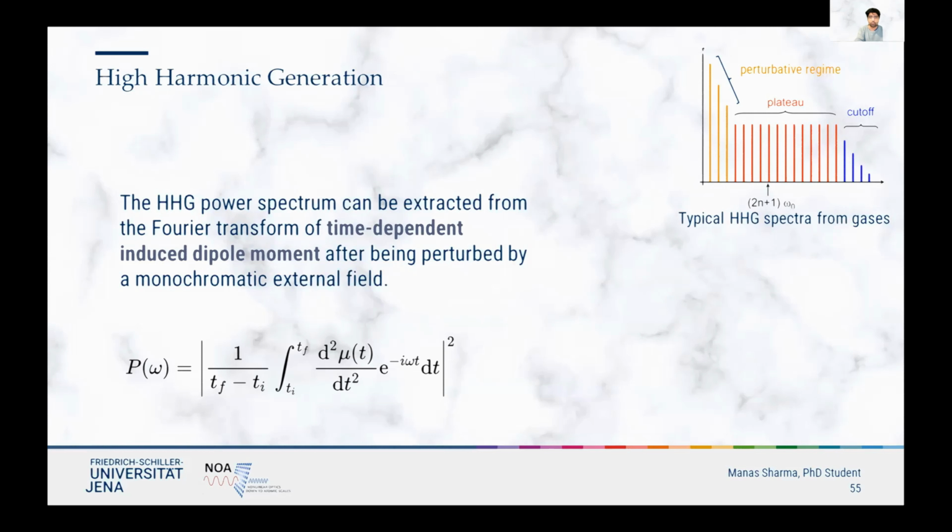Or for example, here I am taking the second derivative, that means I'm in the acceleration gauge, and then you calculate the spectrum and plot it as the log of P of omega on the y-axis and the frequencies on the x-axis, and you get a figure somewhat like the one shown in the upper right corner. The first few harmonics are said to be in the perturbative regime. Then you have the plateau region, and then the cutoff region where the harmonics start to die out.